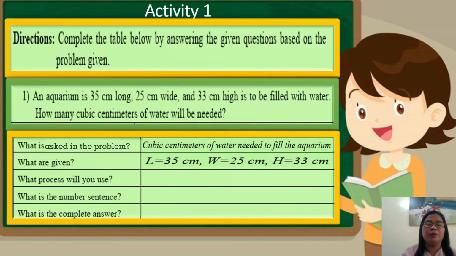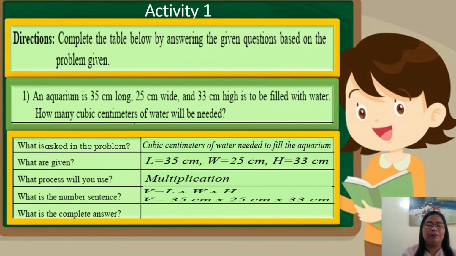Length is equal to 35 centimeters, width is equal to 25 centimeters, and height is equal to 33 centimeters. What process will you use? Correct. We need to use multiplication. What is the number sentence?